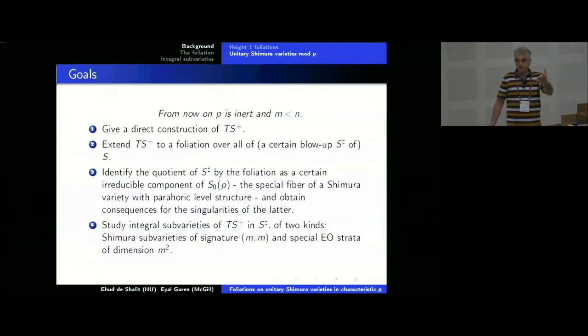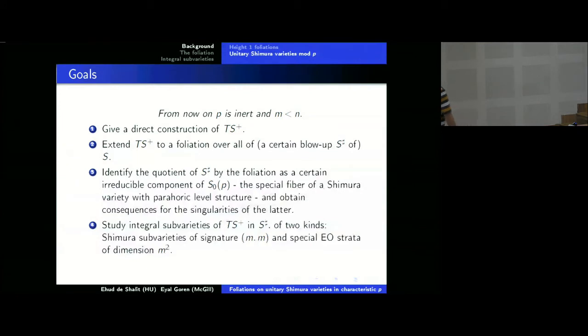Once you have a non-singular variety and a foliation, you can ask, what is the meaning of the quotient? We would like to identify the quotient of S upper sharp by the foliation as a certain irreducible component of a Shimura variety of parahoric level structure. So this is like X_0(p).